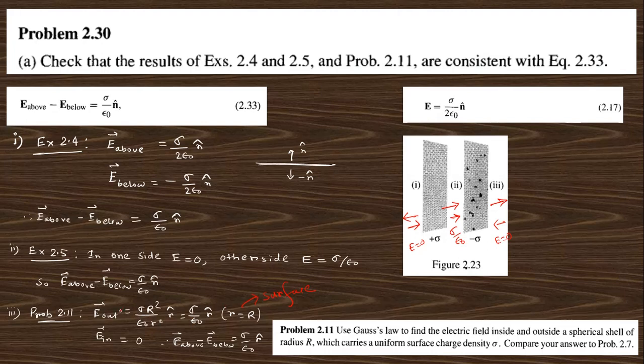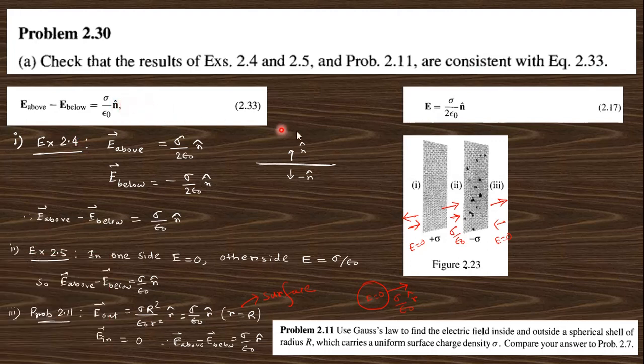So the outer electric field of this sphere at the surface will be sigma by epsilon naught r cap, and the inside electric field will be 0, then the difference will be sigma by epsilon naught r cap. So this also satisfies the equation.